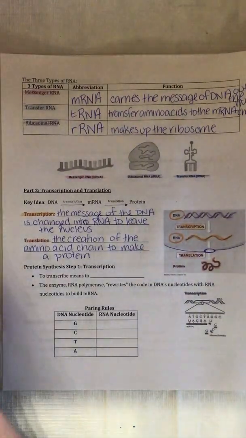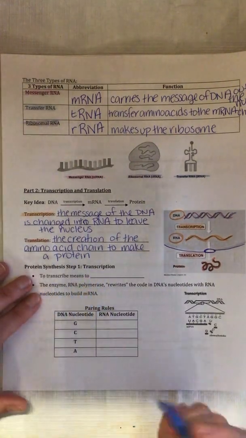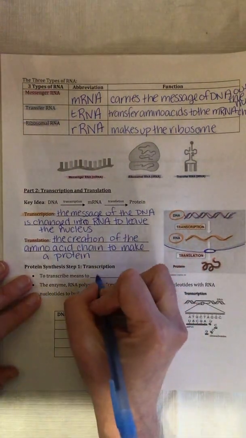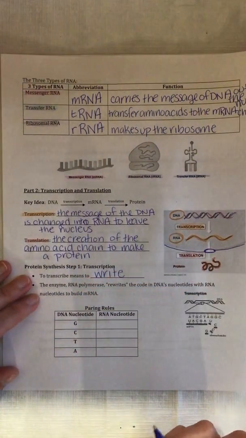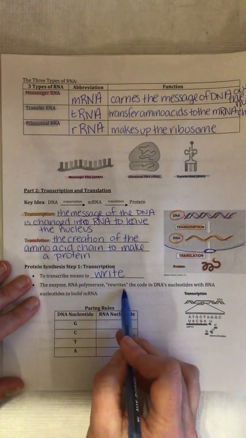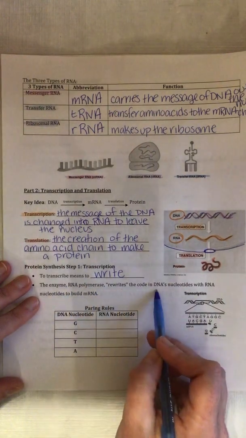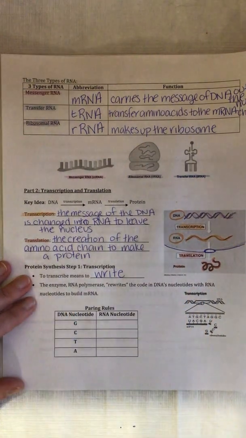All right, so step 1, what is actually happening in transcription? To transcribe means to write. You do this in your language classes. And the enzyme RNA polymerase rewrites the code in DNA nucleotides with RNA nucleotides to build mRNA.